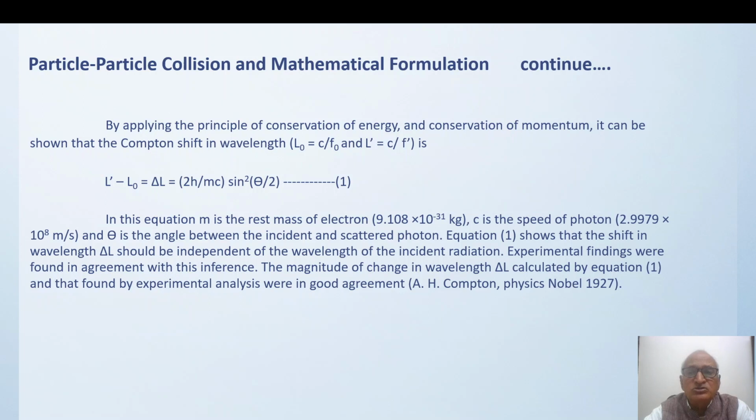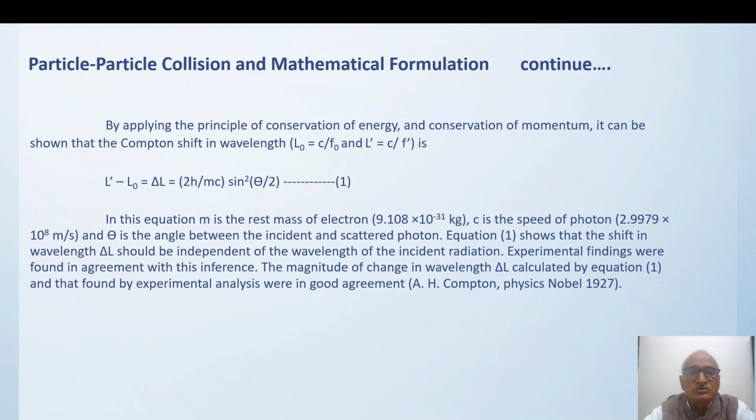Equation 1 shows that the shift in wavelength delta L should be independent of the wavelength of the incident radiation. I clarify further: the shift in wavelength is independent of the wavelength of incident radiation.